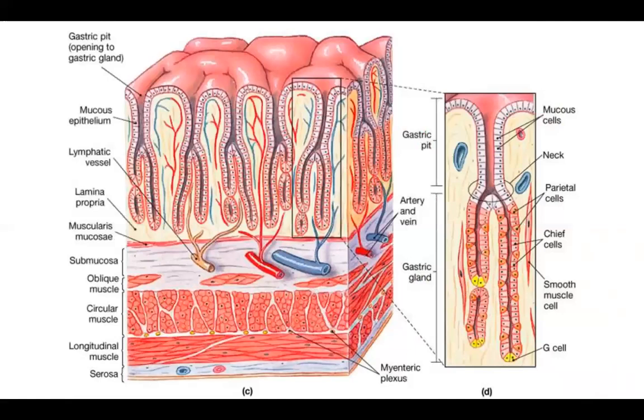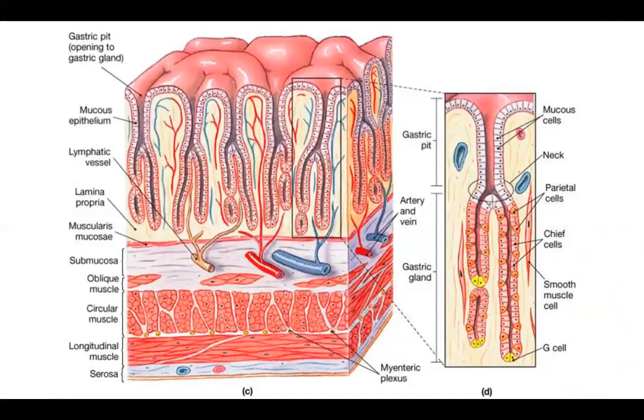Some of the cells, for example, are the mucus cells, which you can imagine what they secrete. They secrete mucus. The reason it's so important to secrete mucus is because the stomach is very acidic. And by secreting mucus, we help prevent the stomach from digesting itself by that hydrochloric acid that it contains.